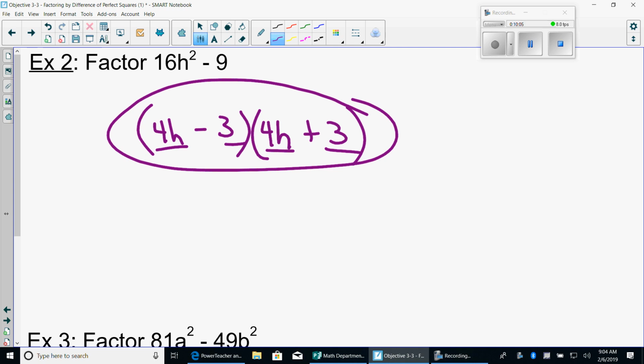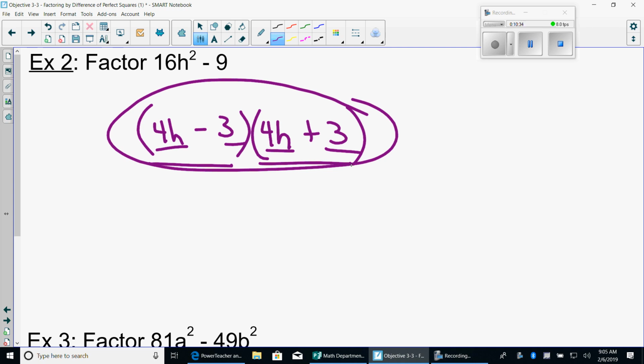Like if I say, give me a factor of 6: 3, or 2, or 6, or 1. It doesn't want the whole thing. It only wants one piece of it. That's why I keep asking you, give me a factor, which would be 4h minus 3, or 4h plus 3. Those are the two binomials that multiply to be 16h squared minus 9.